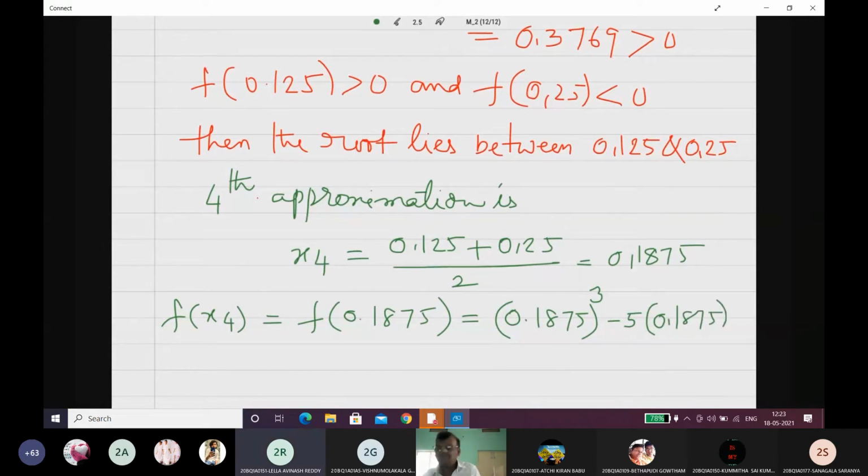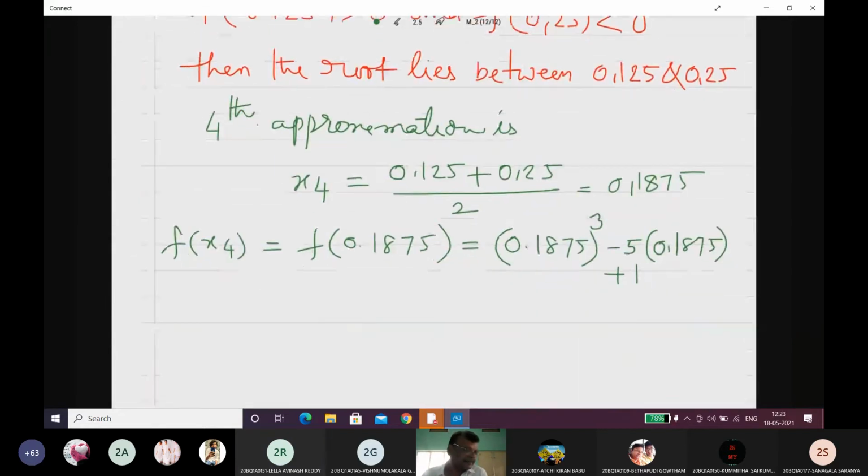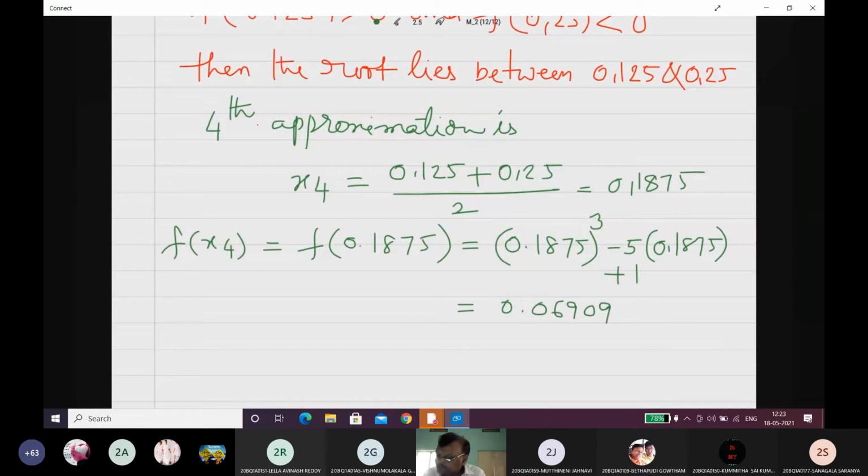What about this value? 0.06909. Very good. So is it positive or negative?